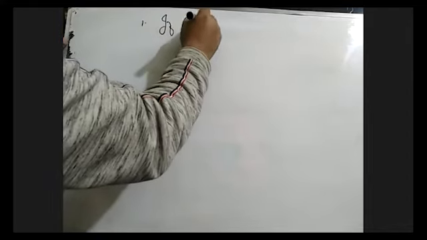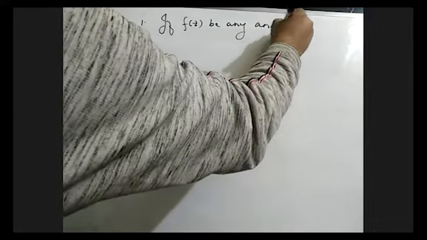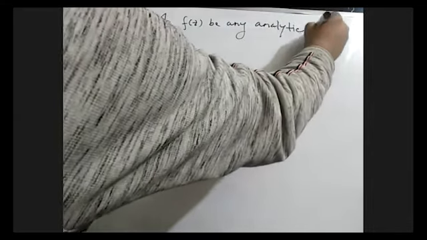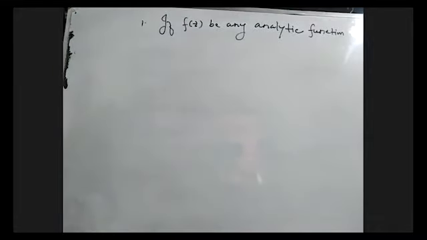Okay, good afternoon to everybody. In our previous lecture, we studied analytic functions and the Cauchy-Riemann equations. So if f of z is any analytic function, analytic function means that it is continuous everywhere in the neighborhood of z naught.